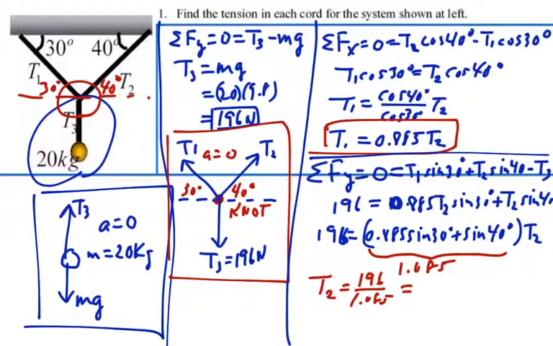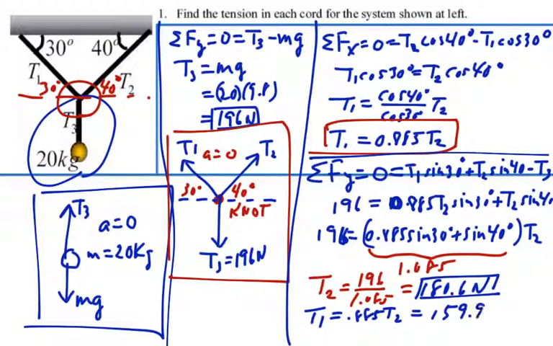And that will be equal to what? 180.6 newtons. Tension 1 is equal to 0.885 tension 2. And so that is equal to 159.9 newtons. So that's our answers. We have our 3 tensions for the 3 cords shown at left.